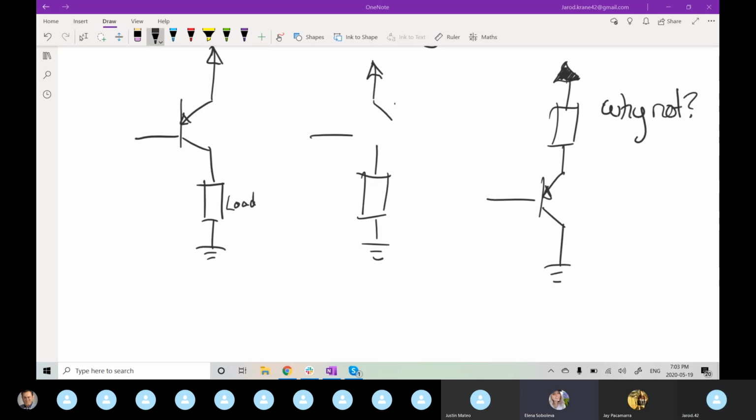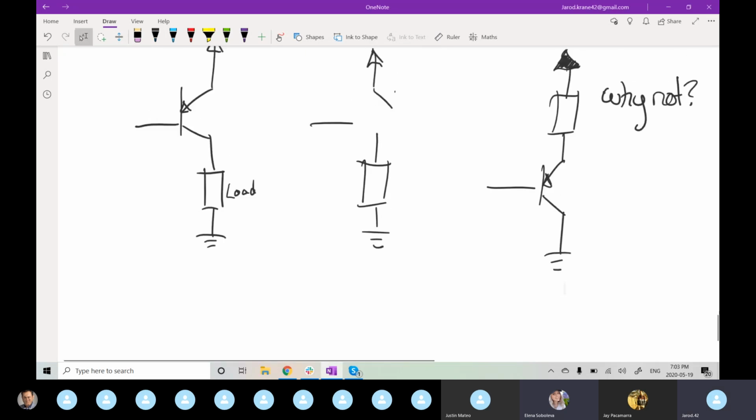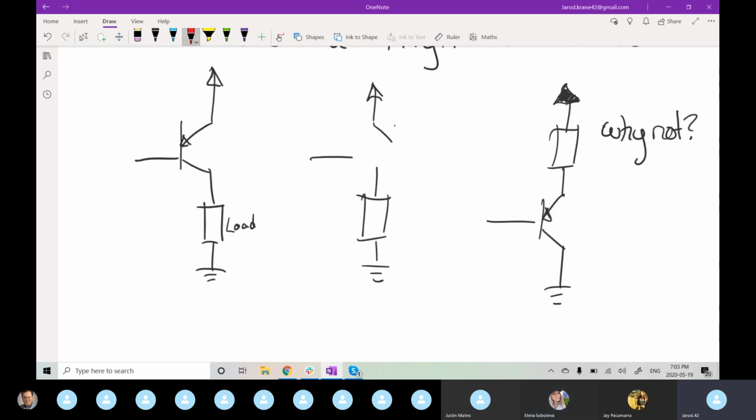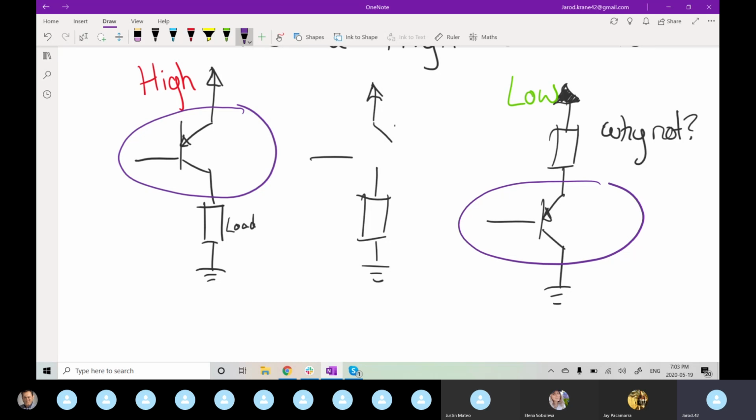What's the difference between a low side and a high side switch? So this is high side. This is low side. So your physical switch is placed above your load, making it high, or your switch is placed below the load, making it a low side switch.